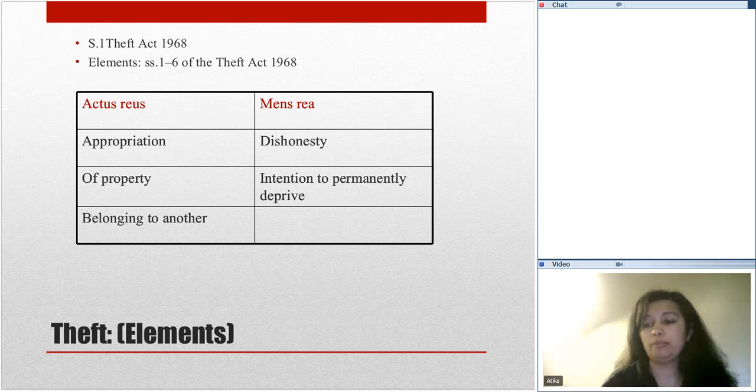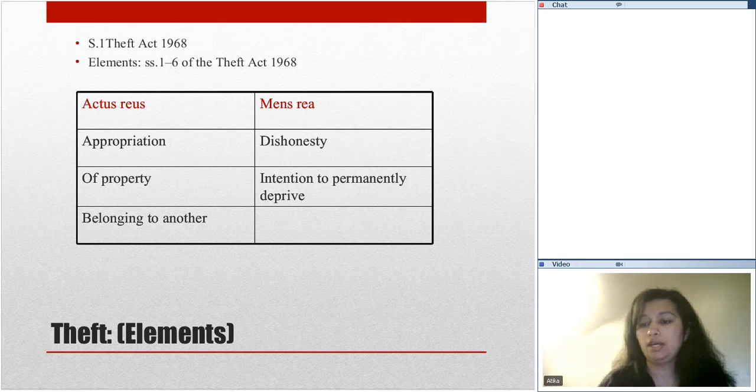Now, each element must be examined independently in order to get a conviction on the offense. The prosecution must prove all elements in order for a conviction of theft to be successful.